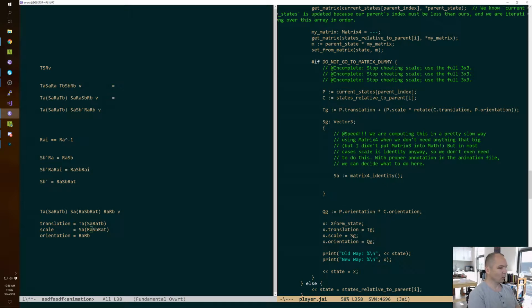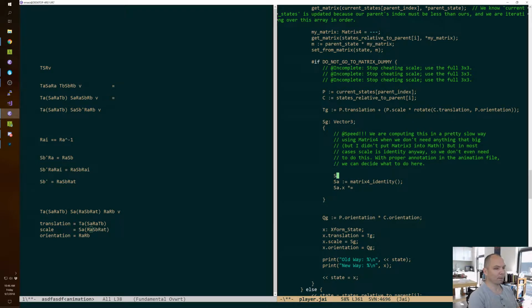Okay, so yeah, dude, I kind of just want to write multiply, but we're not going to do that. We're going to say SA times equals, actually, let's just say SA is scale matrix of parent scale.